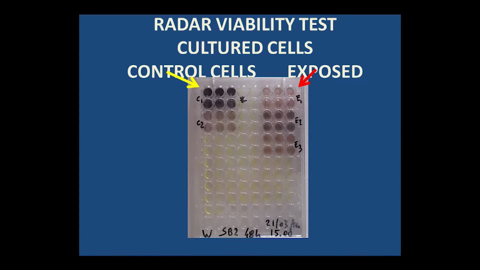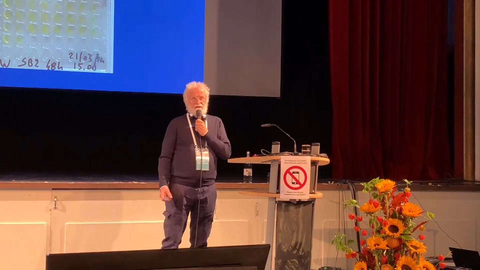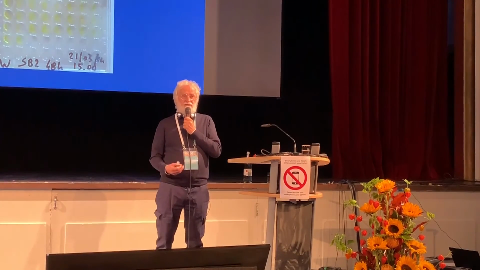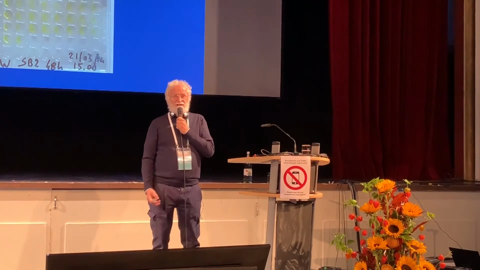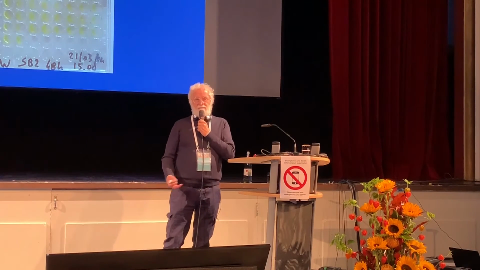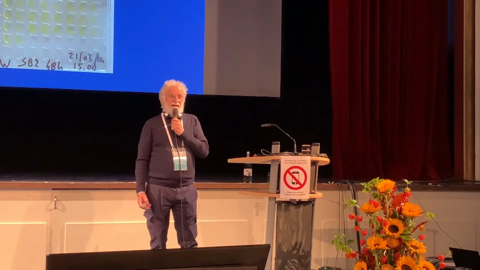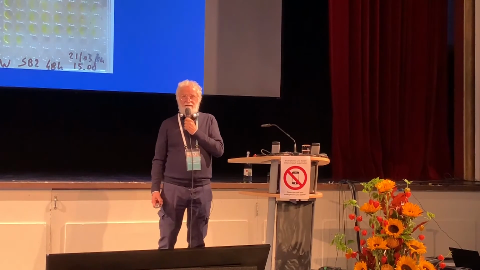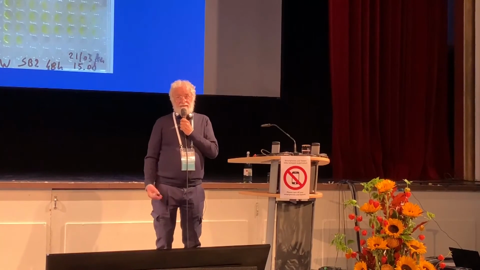Next. One simple test to see if there are damages in the irradiated cells is the viability test, MTT is the name, in which you add a staining substance, which is a metabolic substance for the cells, which becomes colored if they are alive and doesn't metabolize the staining if they are dead.